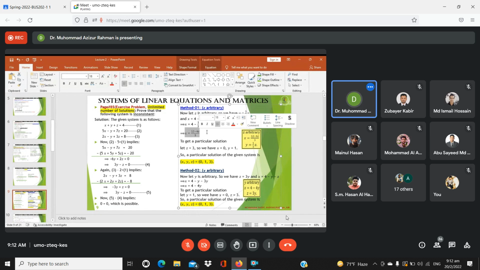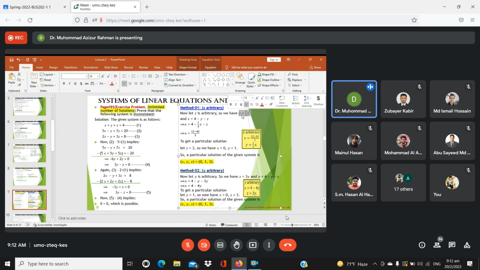Now, since it is 0 equals 0, any value is possible. So here we take the value of z arbitrary. You take any value of z, and then you find the values of x and y. So let's choose z equals 3. What will be the value of y? 1.